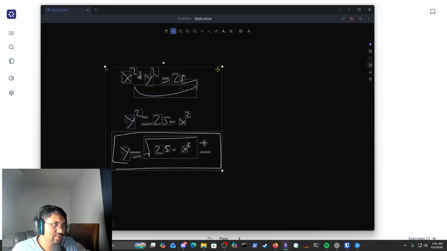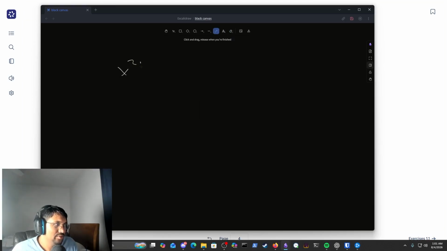But if we're asked to find the implicit solution of the same expression, then we differentiate with respect to x: d/dx of x squared plus d/dx of y squared equals d/dx of 25, right?